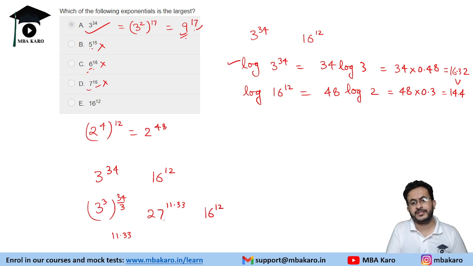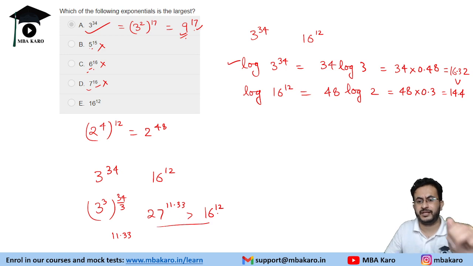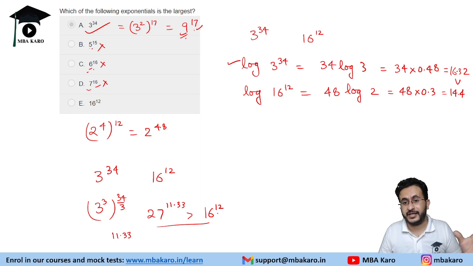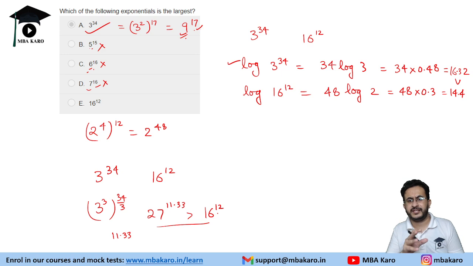Now if you see these powers, although it is slightly more power, 27 is much higher number than 16. So we can safely approximate and say that 27 raised to the power 11.33 will be higher than 16 to the power 12. I know that 12 is higher than 11.33, but approximately we can say that this is a higher value.